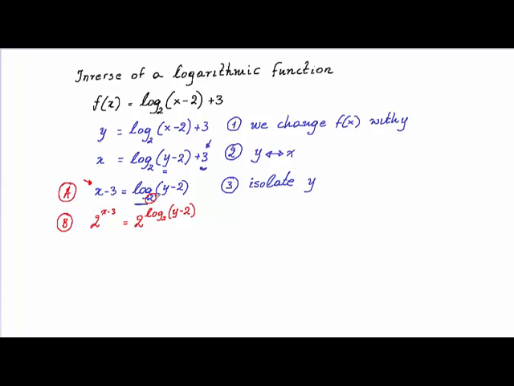So again, we choose the number 2 because 2 is the base, and then instead of having x minus 3 equal to log with base 2 of y minus 2, these two quantities are equal, so we use them as exponents to our powers with the same base 2.